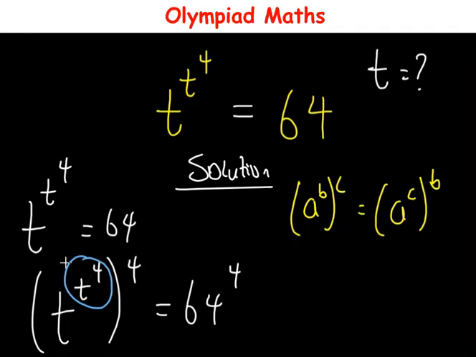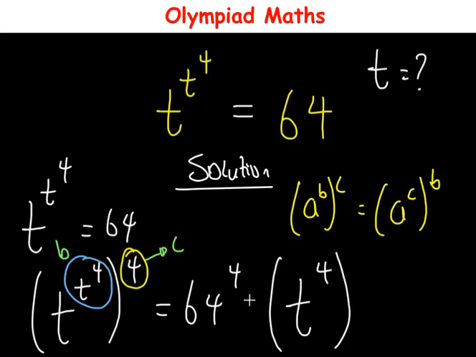So let's say this one is power b, and then power 4 is another power, which is power c right here. So in this case, power c will go inside and power b will go outside, such that we have it as in brackets, we have t, then power c, which is 4, goes inside. So this becomes power 4, then all raised to power b, which is t raised to power 4, goes outside. This becomes t raised to power 4, so is equal to 64 raised to power 4.